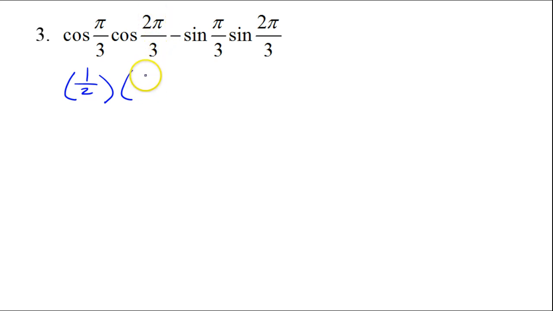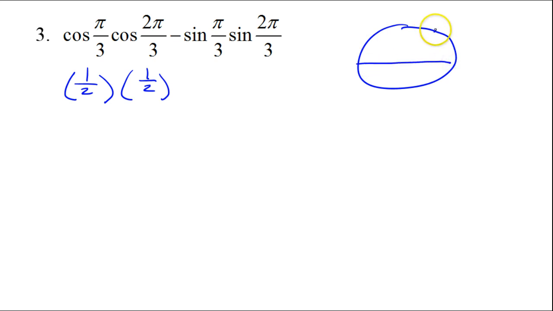Well, that is either going to be 1/2 or negative 1/2, looking at the reference angle of pi over 3. Where is 2 pi over 3 anyway? So here is a quick diagram. 2 pi over 3 is right here, so cosine is negative in the second quadrant. It's an x value. This is the left side. It should be negative. So I'm going to say negative 1/2.